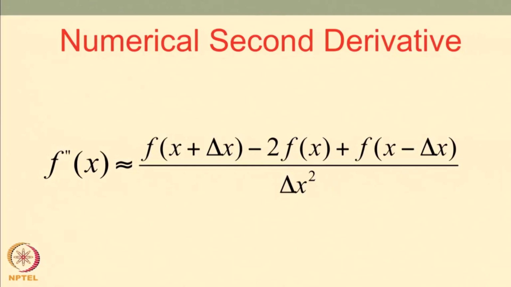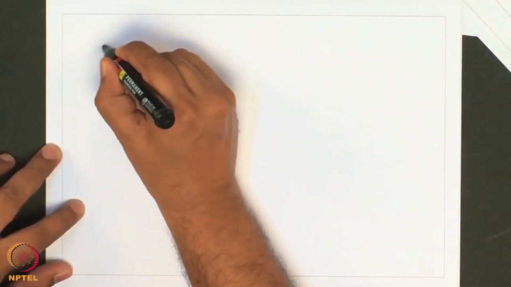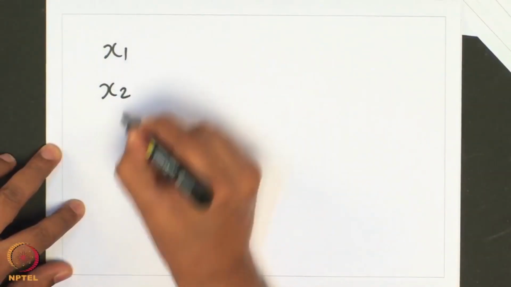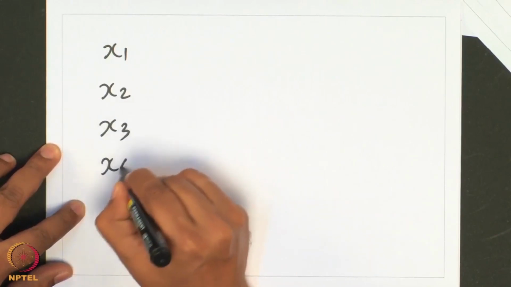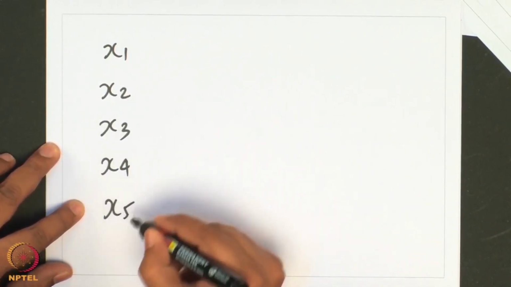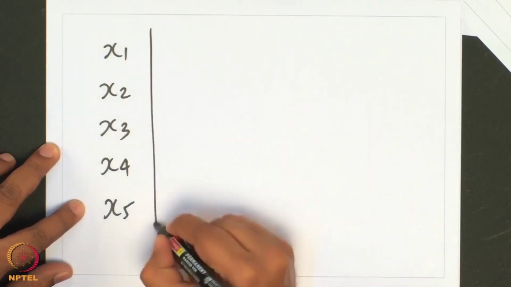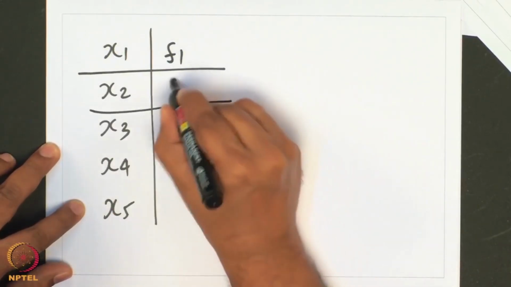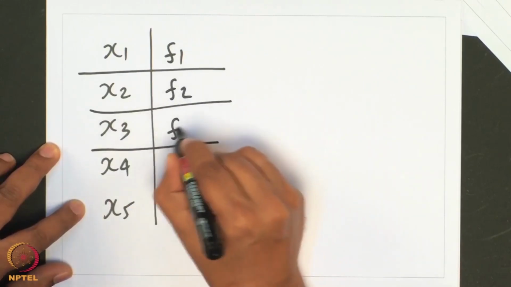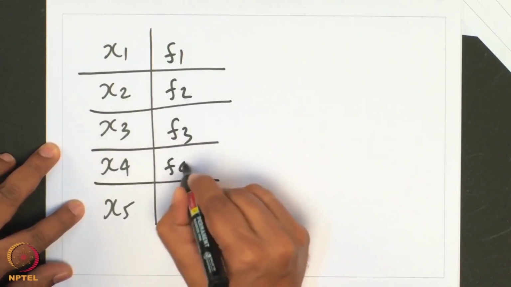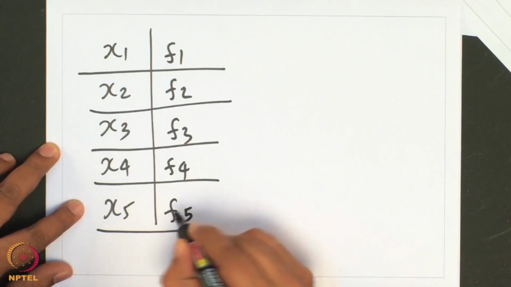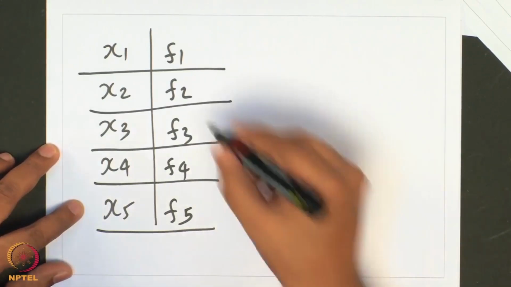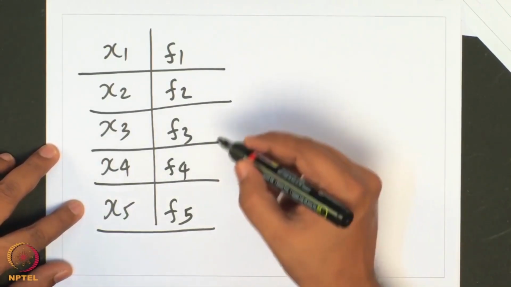Let us say I know x1, x2, x3, x4, x5 and so on, and correspondingly I have f1, f2, f3, f4, f5. This formula says to use f at x plus delta x.